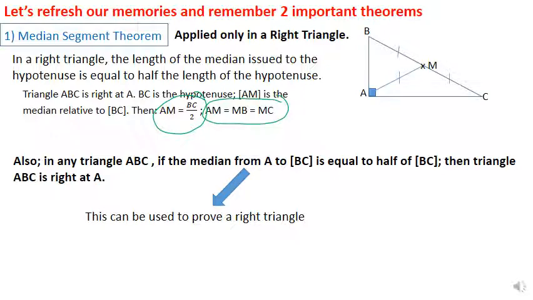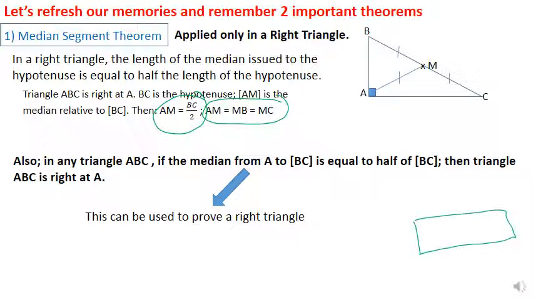Also, we can say that in a triangle ABC, if the median from A to BC is equal half BC, then definitely this line is a median, and definitely the triangle is right at A. Okay? Just to tell you that this property actually comes from a rectangle.